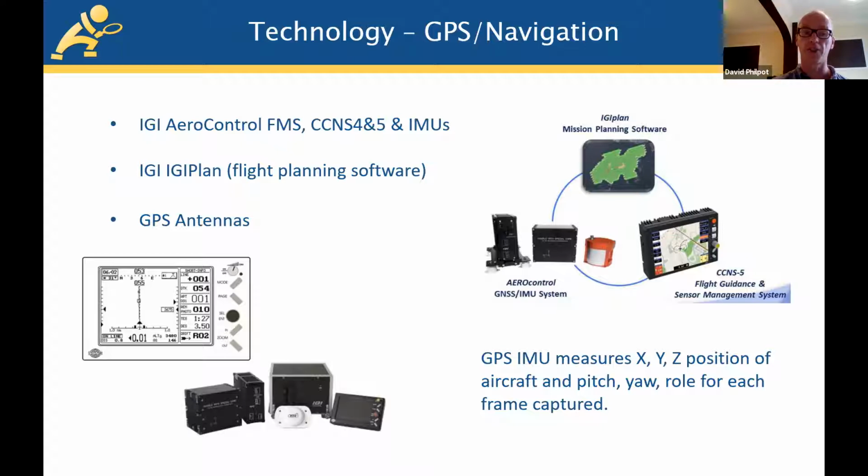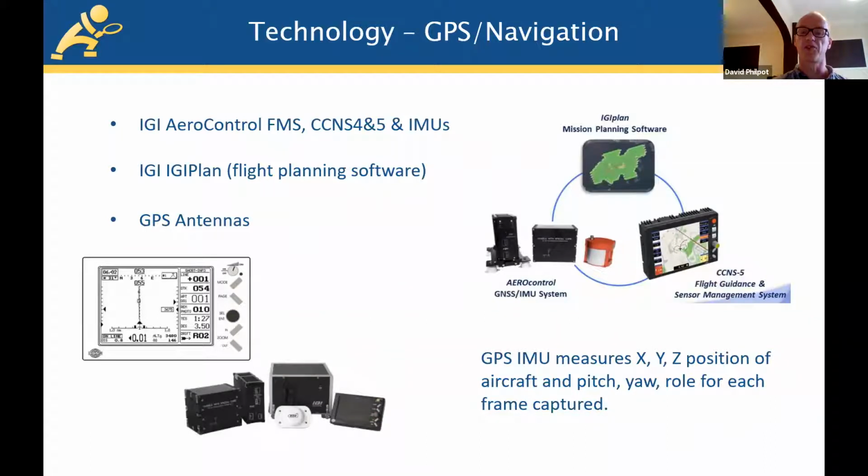So you've got a GPS on top of the aircraft, which records the X, Y, and Z position of the camera at the point of every exposure. The antenna is always taking triangulation readings from satellites in the air. So it's always got a very accurate fix of the position of the aircraft.